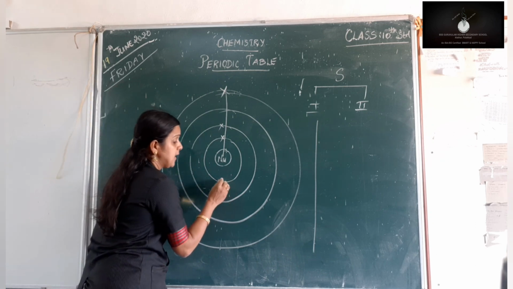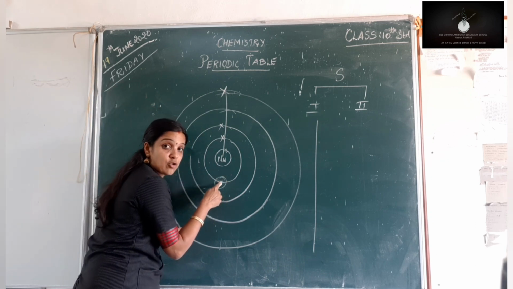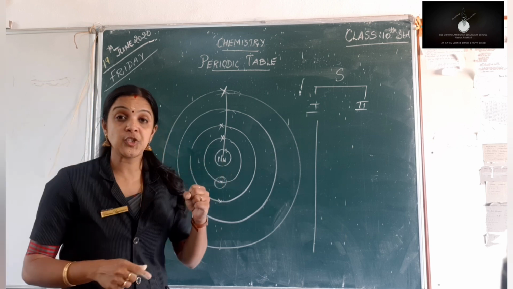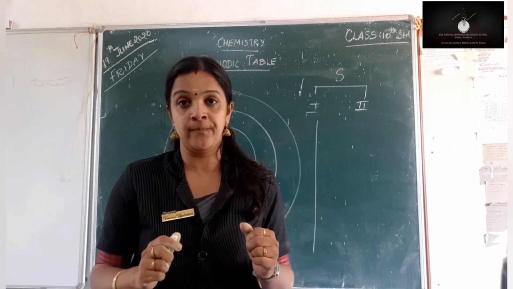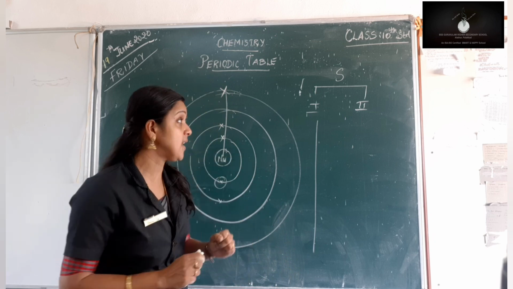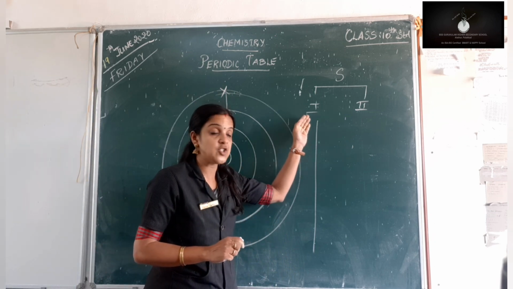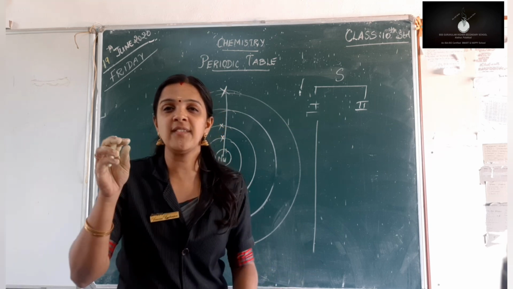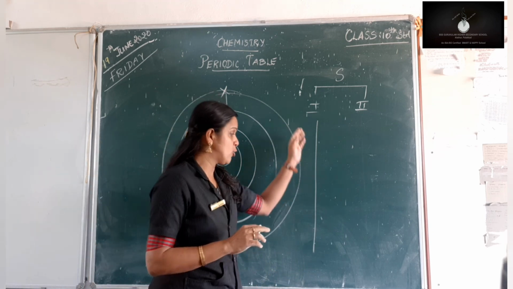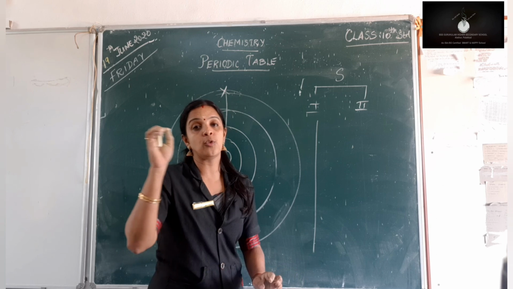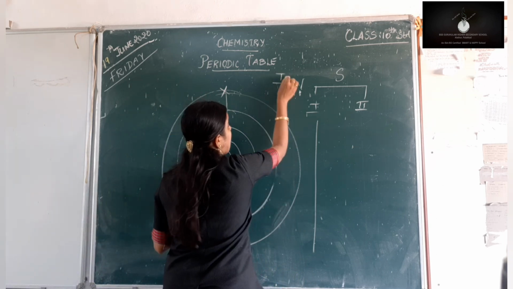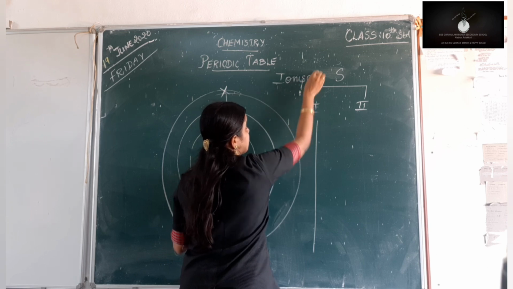But if I have to remove an electron which is closer to the nucleus, my ionization energy will be more. So we say ionization energy decreases down the group. You need very less energy when you go down the group to remove the electron. So that is in the case of ionization energy.